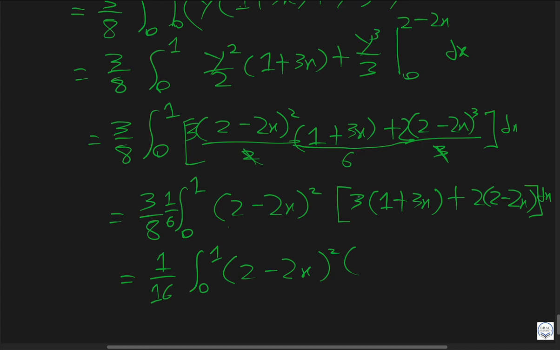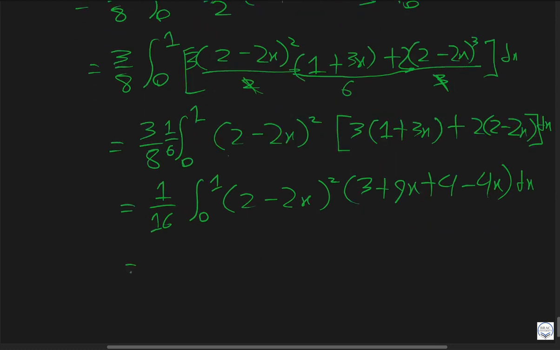Oh, there will be a dx here. So 3 plus 9x plus 4 minus 4x dx, 0 to 1.